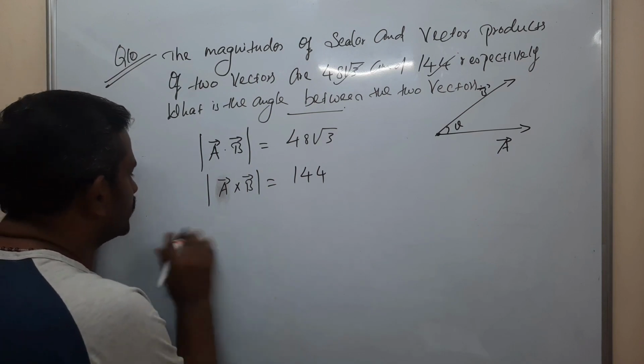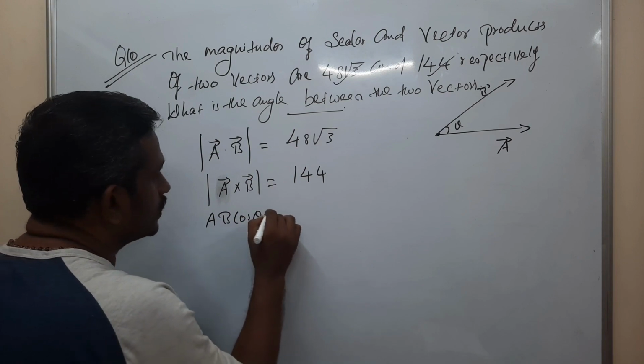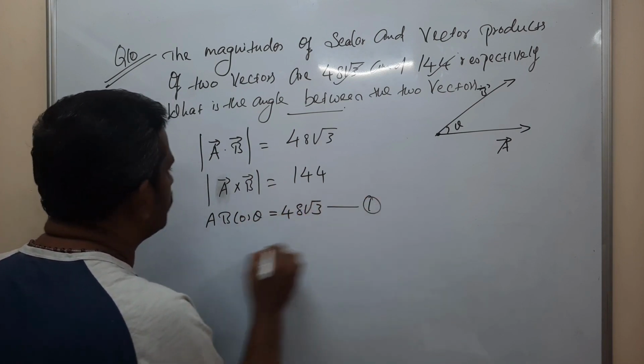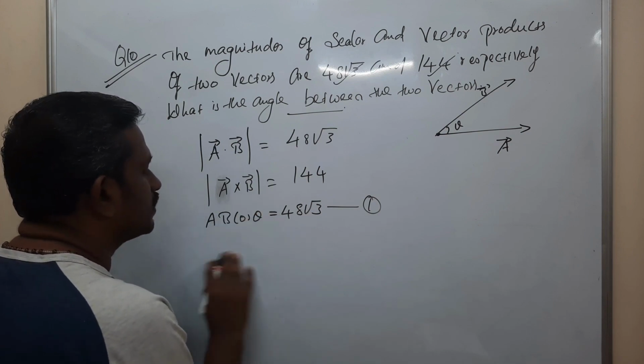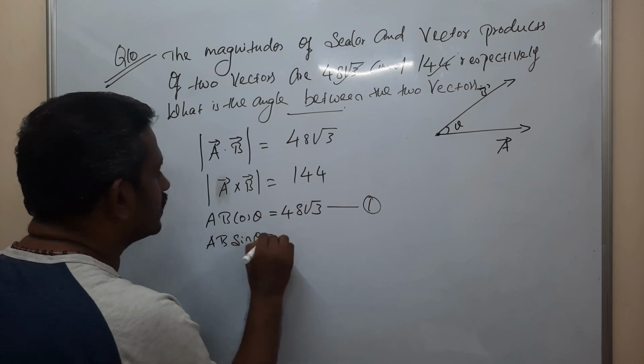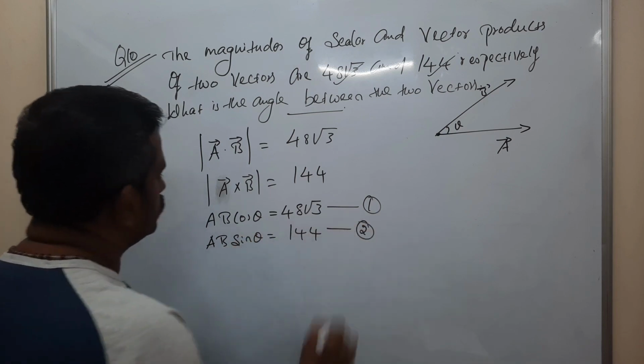A vector dot B vector is AB cos theta equals 48 root 3; take it as equation 1. A vector cross B vector is AB sin theta equals 144; take it as equation 2.